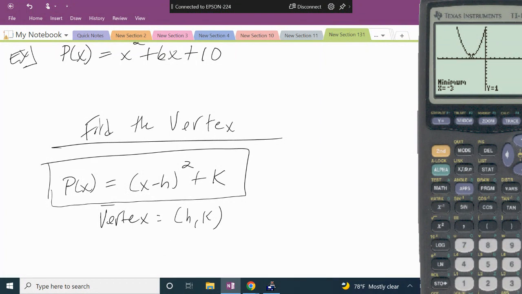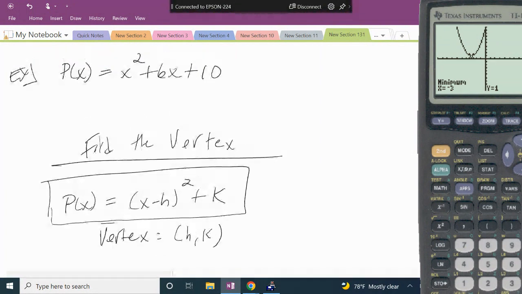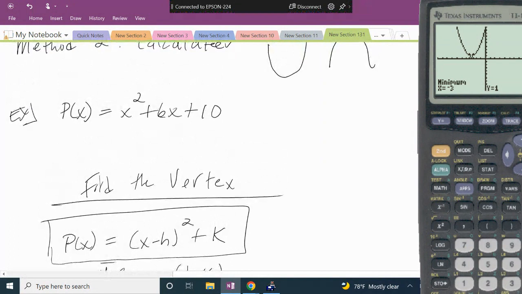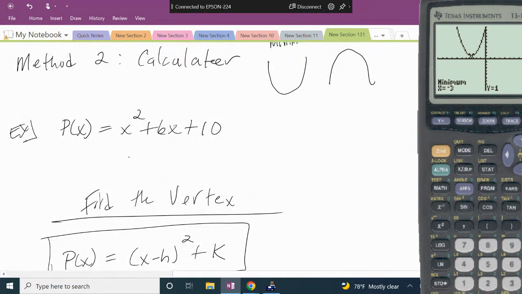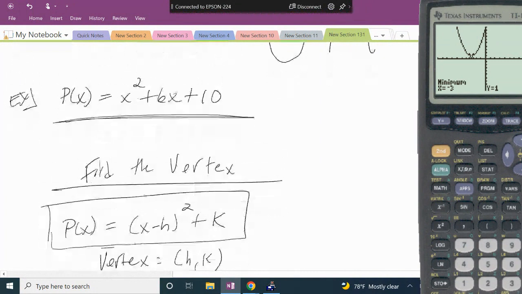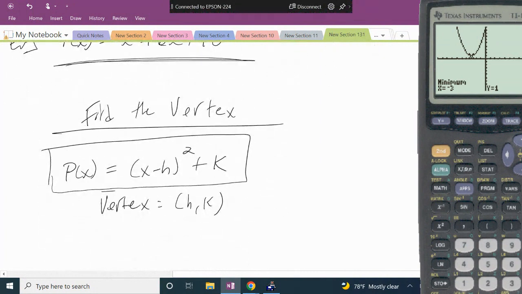So in section 3.2, you'll be given a quadratic equation that's written in this standard form. You'll have to rewrite it in this vertex form, and then you can pull out the vertex. So I guess it's kind of double-sided.